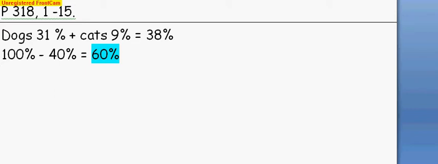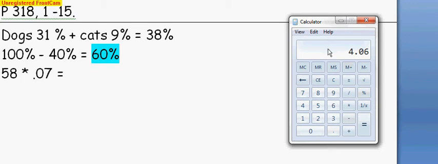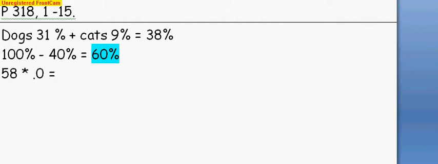Well, you know that cats are 9%, so you have to do 58, which is all of the animals, times 7%, equals, then you need to put this in your calculator, and so you do 58 times 0.07, and you get 4 point, no, sorry, the dogs are 31%, but the cats are 9%, my bad.